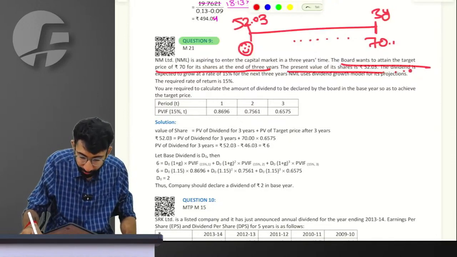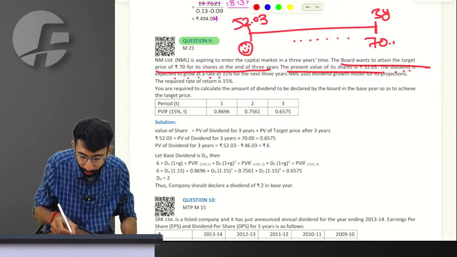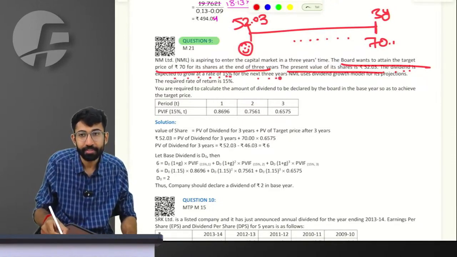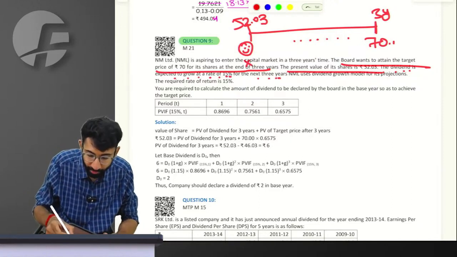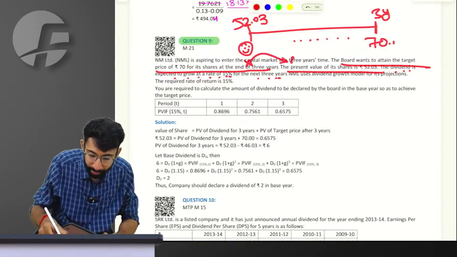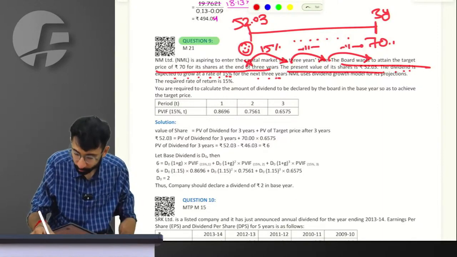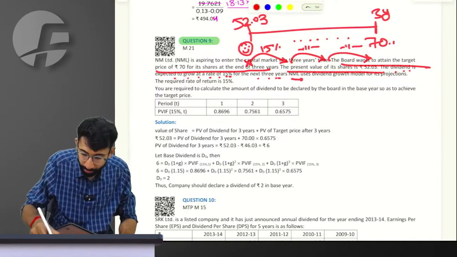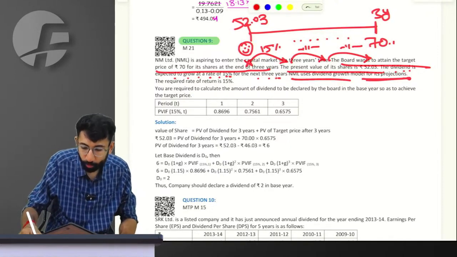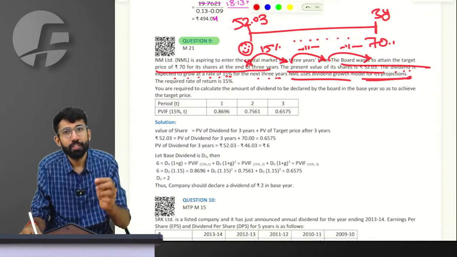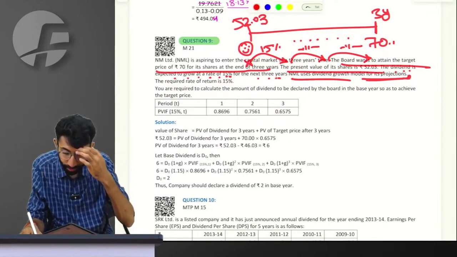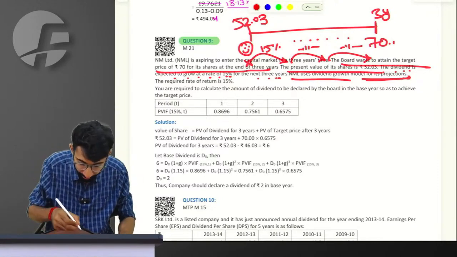The dividend is expected to grow at the rate of 15% for the next 3 years. What is the dividend right now? We don't know. But that dividend will grow at the rate of 15% every year, that we know. NML uses the dividend growth model for its projection, which means we have to use the dividend discount model for our calculation.